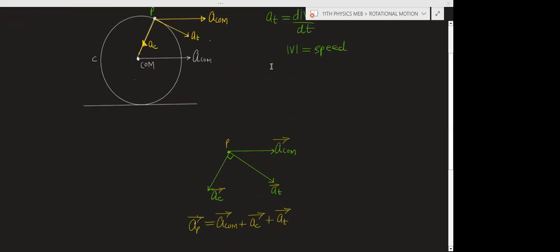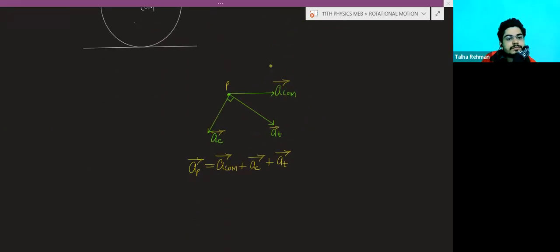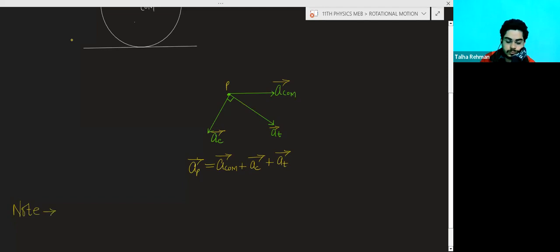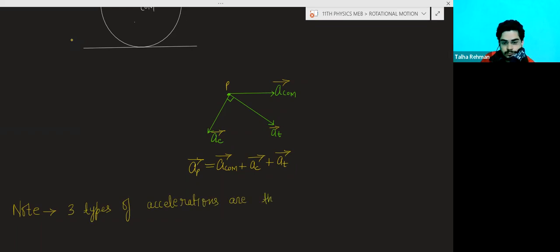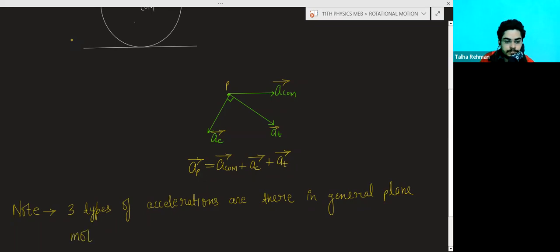Add one more point: three types of acceleration are there in general plane motion. Add this point also.